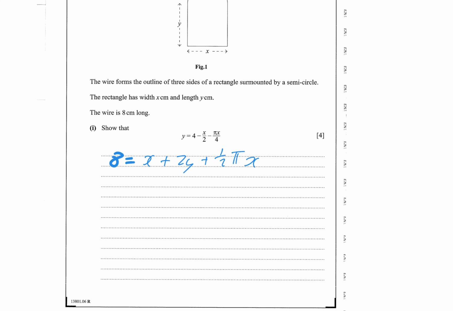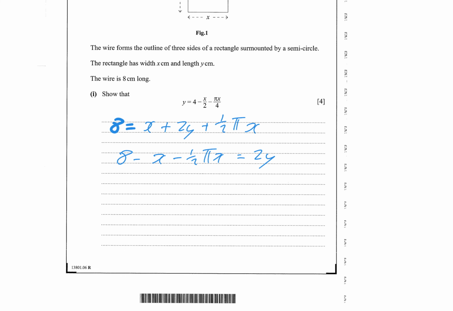That means 8 minus x minus a half pi x would be equal to 2y. I'm just going to write that in as 2y is equal to 8 minus x minus a half pi x. And then I could divide through by 2. Y then is equal to 4 minus x over 2 minus pi x over 4, which is what we were looking for. That's an easy 4 marks there. Happy days.